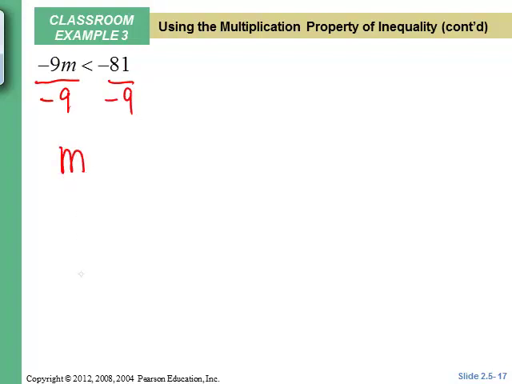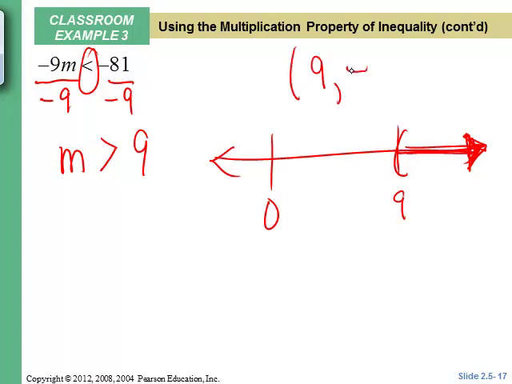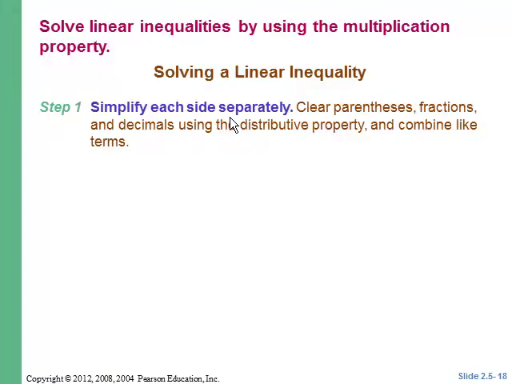When we do, we get m and 9, but we switch the sense, so m is greater than 9. Here's 0, here's 9, parentheses, this direction, to infinity: parentheses, 9, comma, infinity, close parentheses. So make sure when you are multiplying or dividing by a negative number, you change the sense.